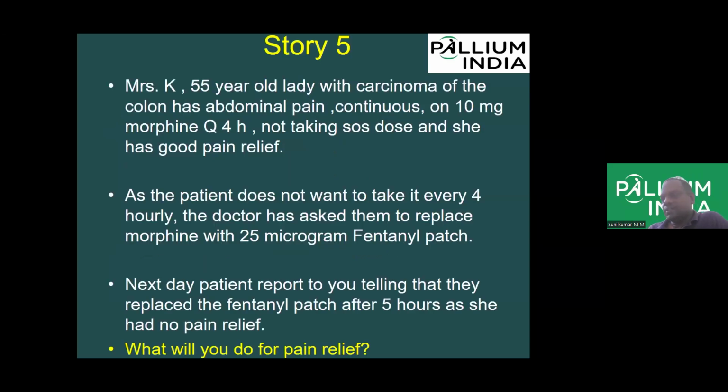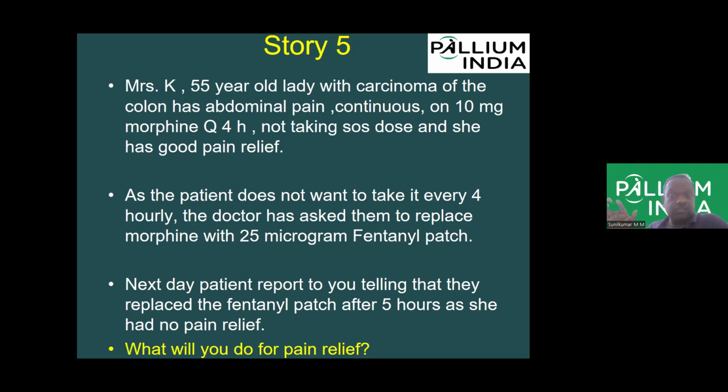Okay, now we are coming to another patient. It's a 55-year-old lady with carcinoma of the colon who complains of abdominal pain, which is continuous in nature, but she's on 10 milligram of morphine 4 hourly, and she has good pain relief, and she is not taking any SOS doses.